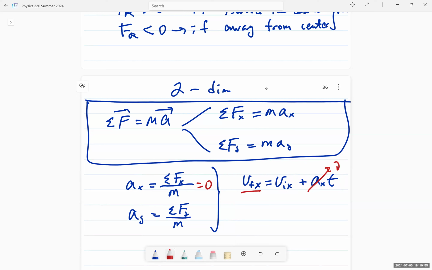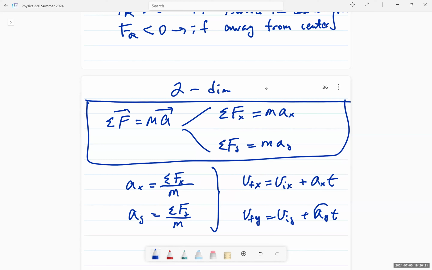So you are looking at either just horizontal, just vertical, or both directions having unbalanced forces. Then you have some kind of change in motion. Same way, v final y equals v initial y plus a y times t, again just looking at equation 1 of the kinematics.